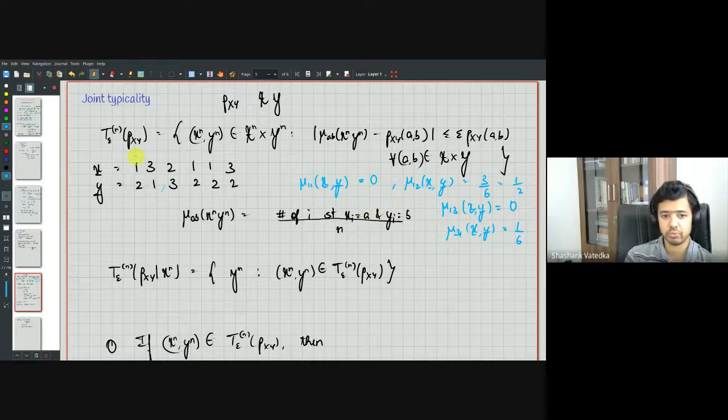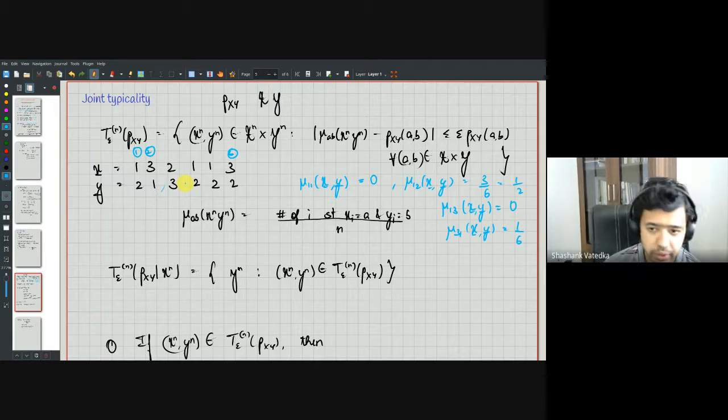So you look at this tuple, and this is the fraction of times that a particular pair of symbols occurs. And if this is epsilon close to the true distribution, then we say that the sequence is jointly typical.